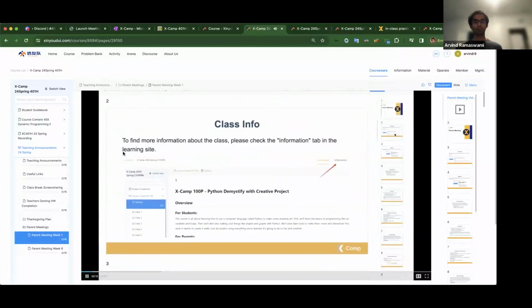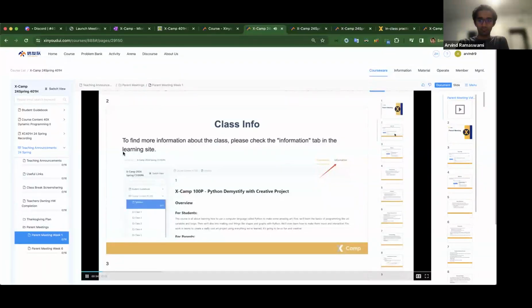So the first thing to note is that there is some class information in the information tab. If you're in the courseware for your course and you click on information, you'll be able to see information such as the teacher, the class coordinator, the link to the class, the link to homework night, and other information like that.